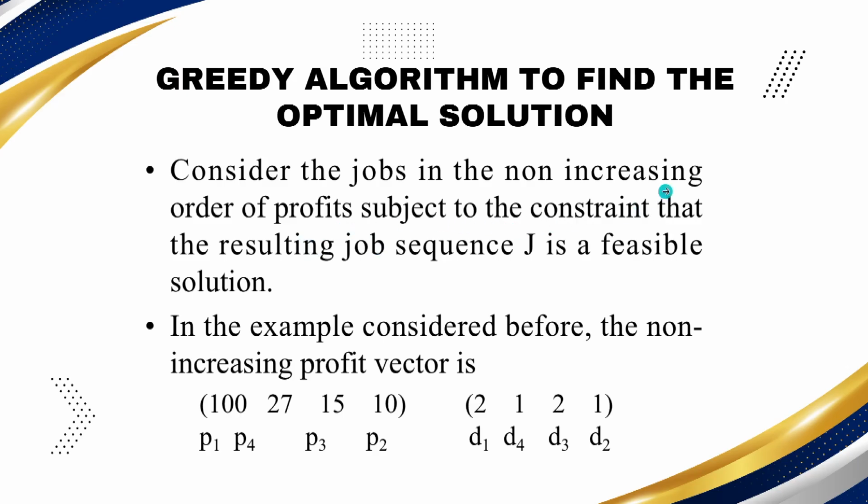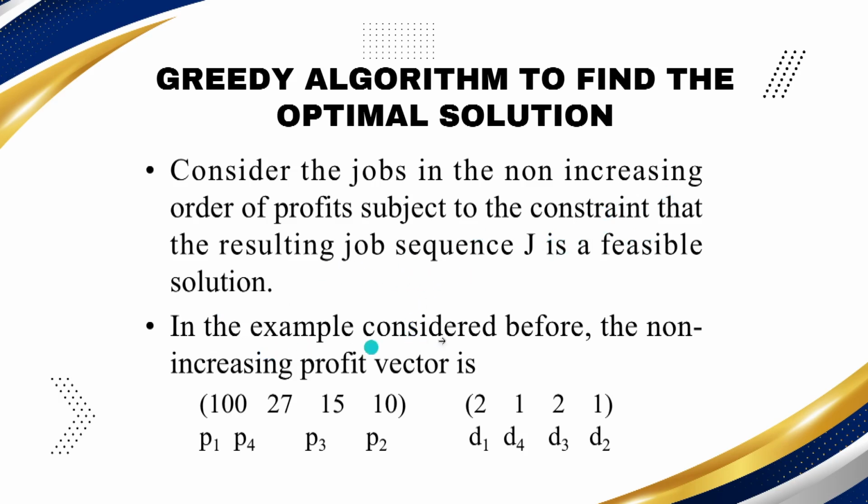So, we know very well that if we are using the greedy approach, we need to find the optimal solution to all of its sub problems, and that will ultimately lead us to the globally optimal solution. So, we order up the jobs in the non-increasing order of their profits, and we ensure that the resulting job sequence is a feasible solution.